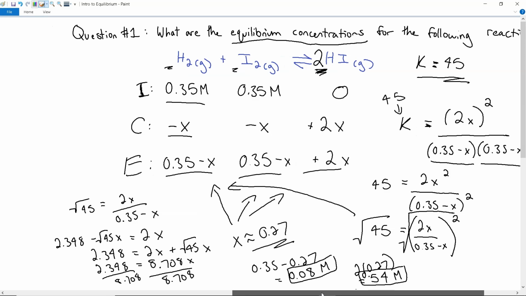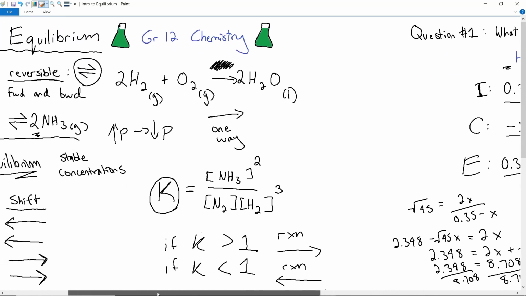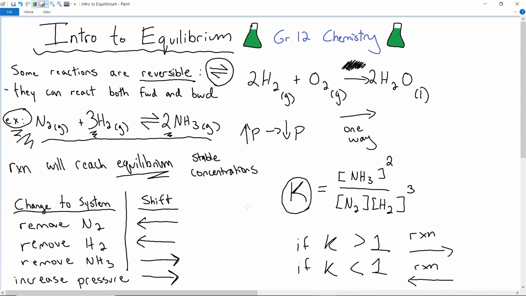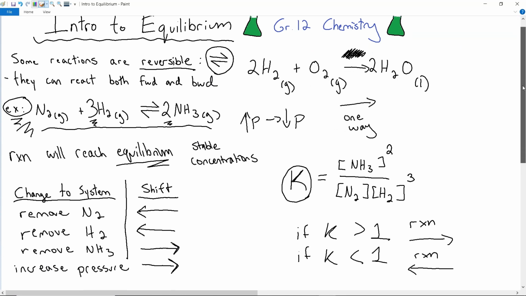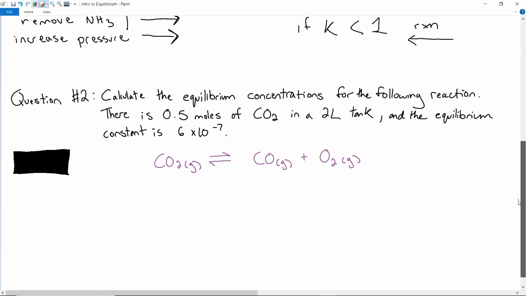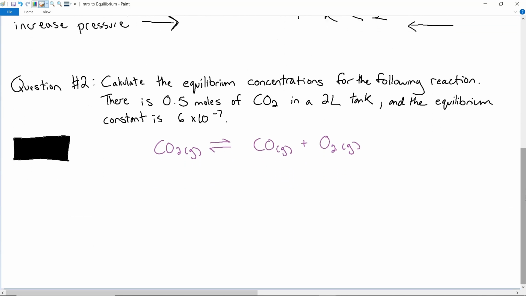Okay, that's really the basics of equilibrium, but things can get a bit more complicated. So let's try this question down here. Calculate the equilibrium concentrations for the following reaction. There is 0.5 moles of CO2 in a 2-liter tank, and the equilibrium constant is 6 times 10 to the negative 7.